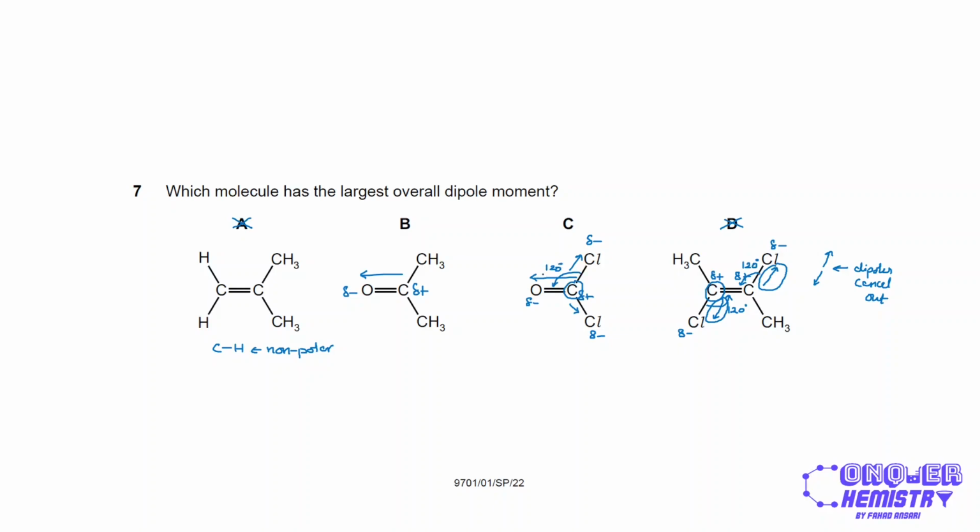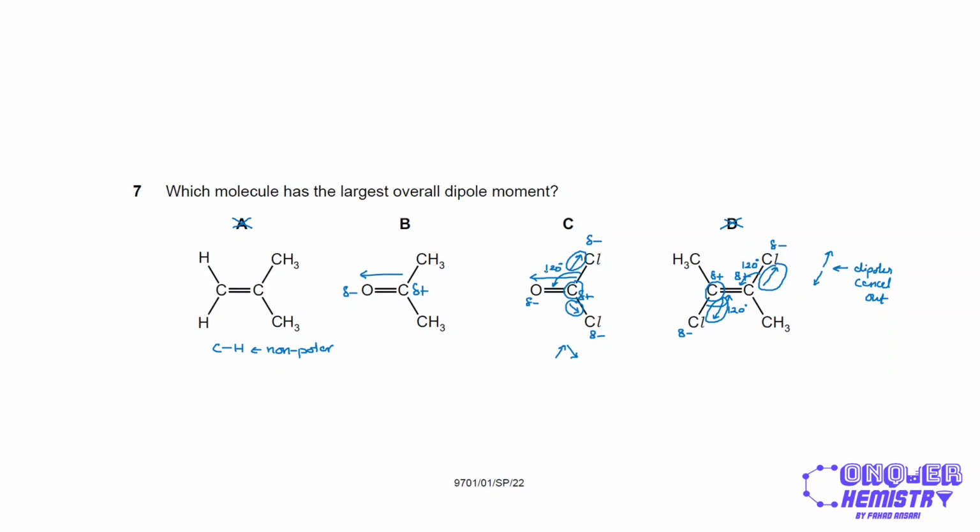So if I place these dipole moments, these vectors, and try to sum them up, then I will have these smaller carbon-chlorine dipoles placed over here. This one I will place over here, following the head-to-tail rule for adding up vectors.